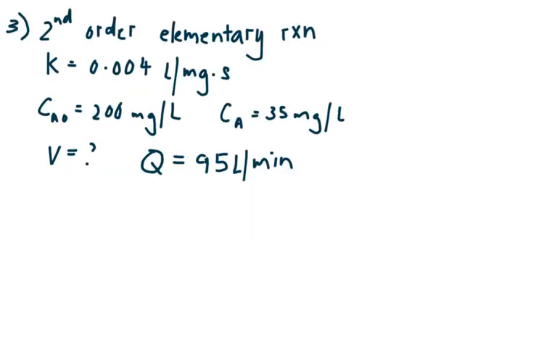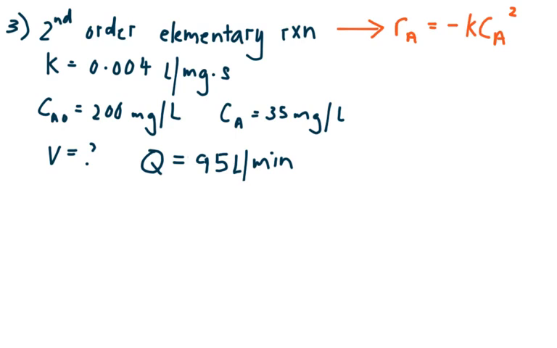Question 3. A reaction tank decomposes pollutant A via a second order elementary reaction with a k value of 0.004 liter per milligram second. Since it's given that it's a second order elementary reaction, you will know that your RA term will be negative kCA squared.